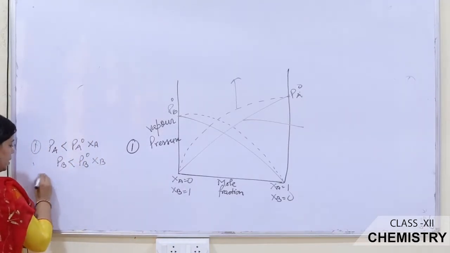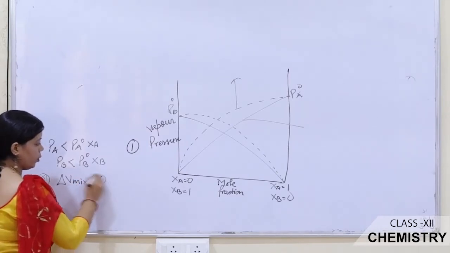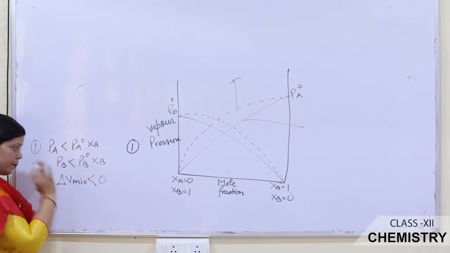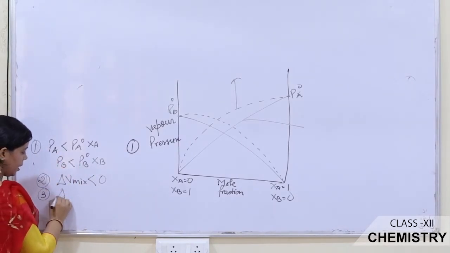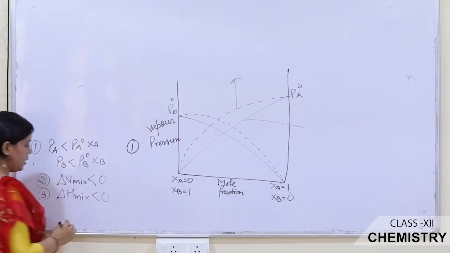The second condition is delta V mixing is less than 0. The volume is less than the actual volume added to form the solution. Third, delta H mixing is also less than 0.